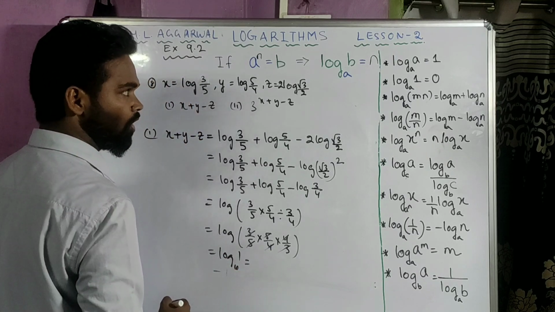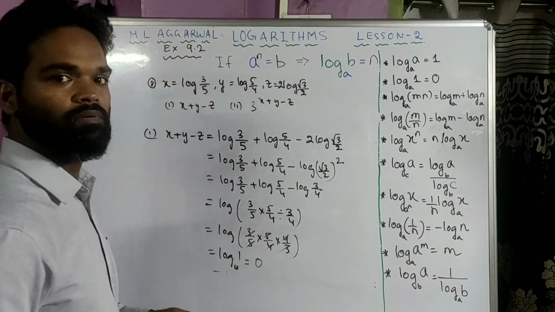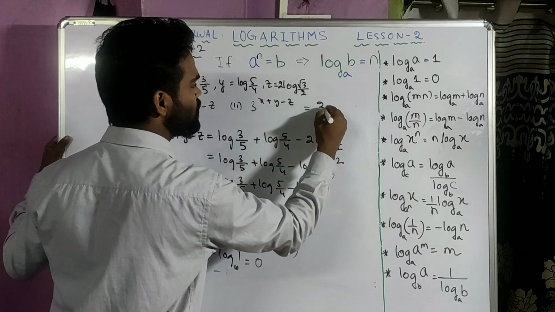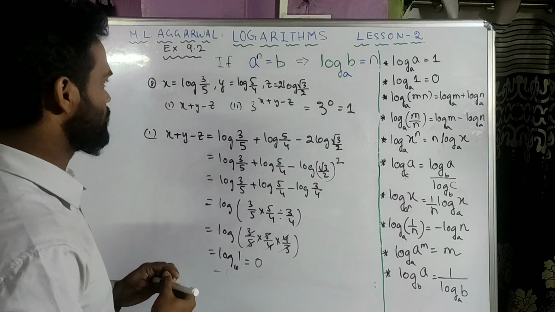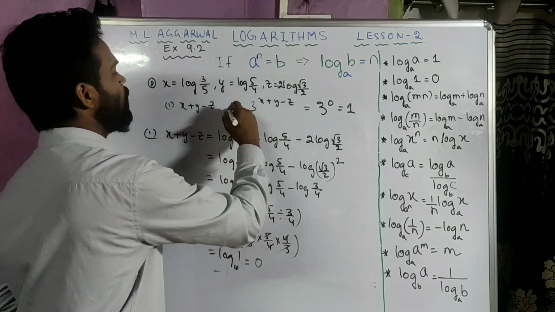Now we know log 1 will become 0. Now the second part is very easy. So this becomes 3 to the power 0, so this becomes 1. In the first part the answer is 0.